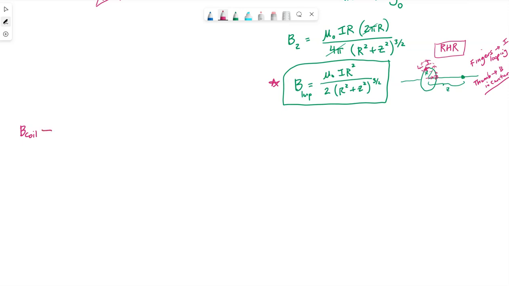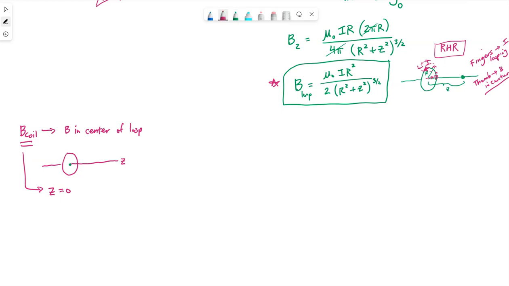B of a coil simply means B, the magnetic field strength, in the center of the loop. So same loop, it still has to be carrying current. The Z axis still goes through the center, but for the coil, we're essentially saying that Z is 0. So we're looking for the field strength right smack dab in the center of the loop.